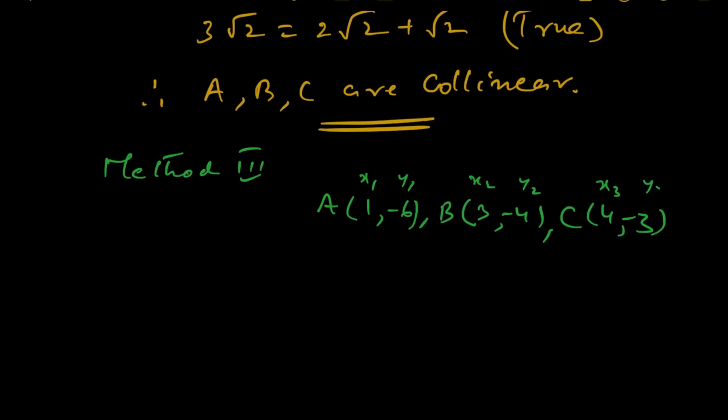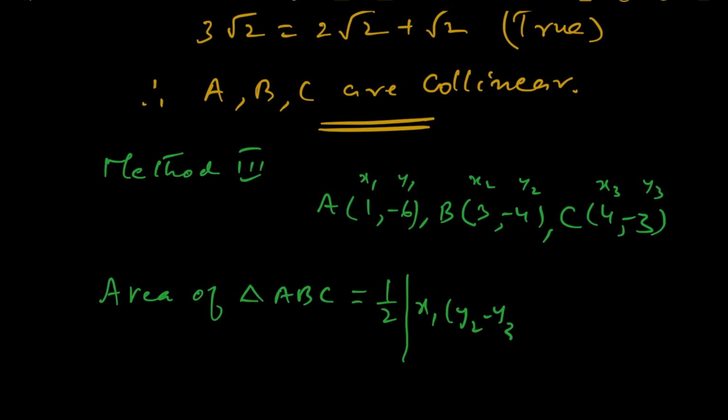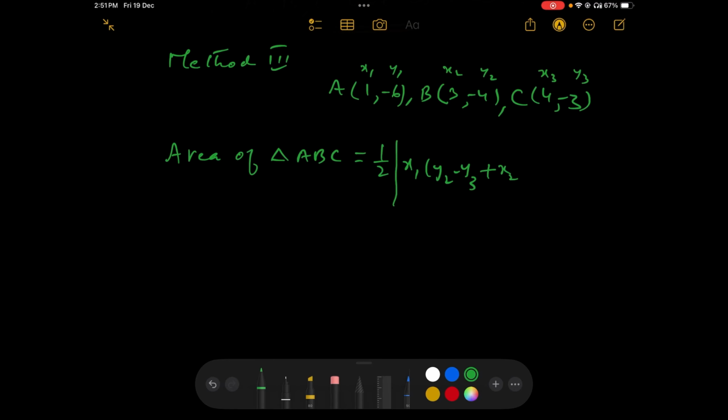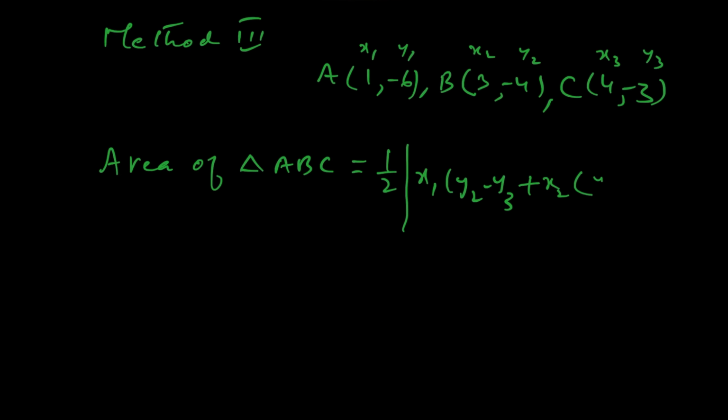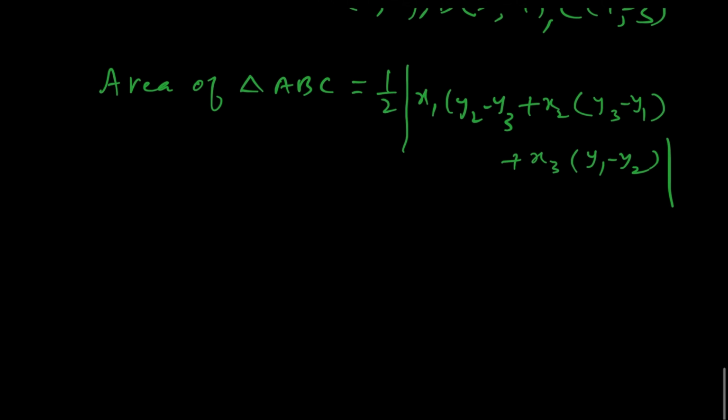Now the area of triangle ABC formula I will write: 1 by 2 mod of x1 bracket y2 minus y3, plus x2 bracket y3 minus y1, plus x3 bracket y1 minus y2. This is the area of the triangle formula.